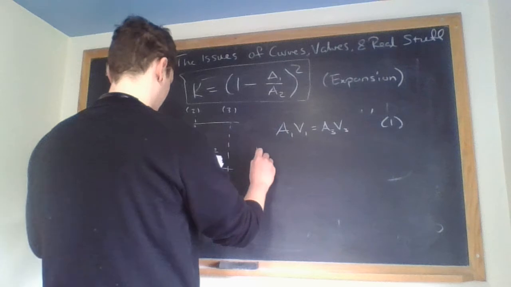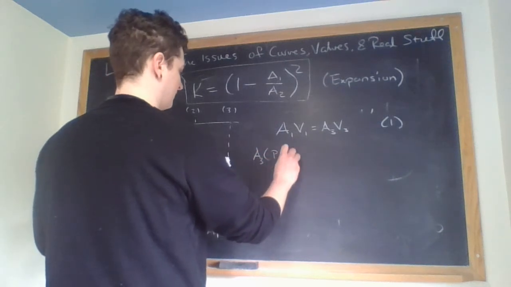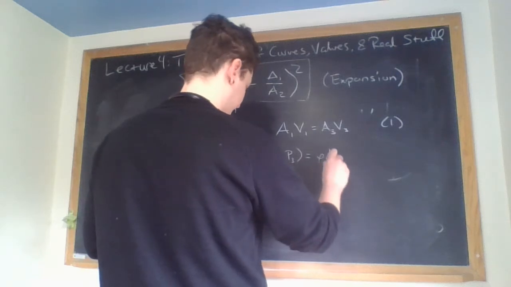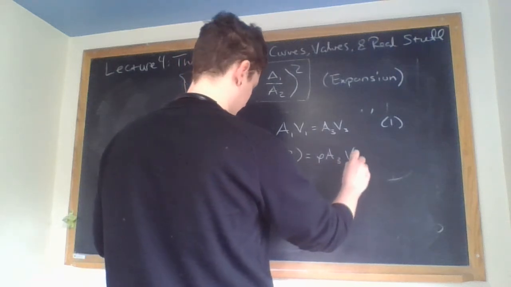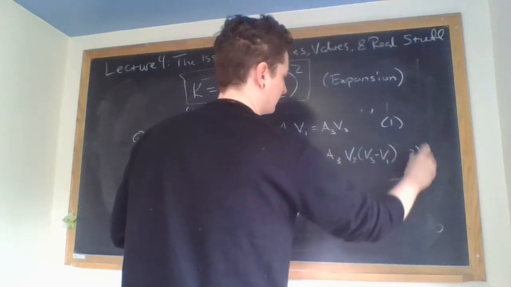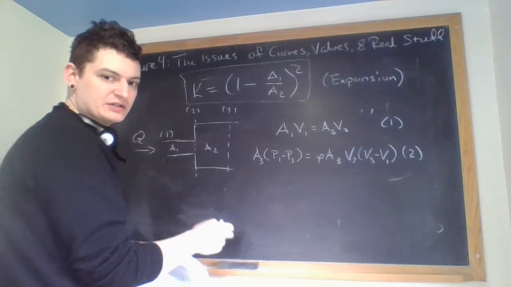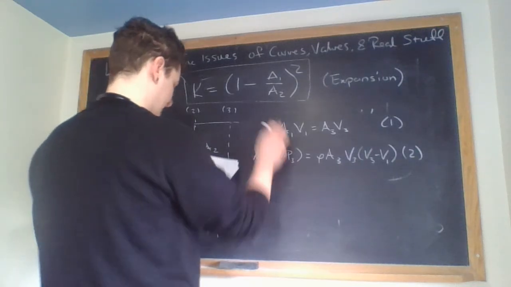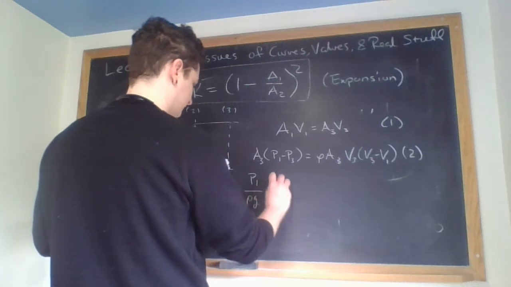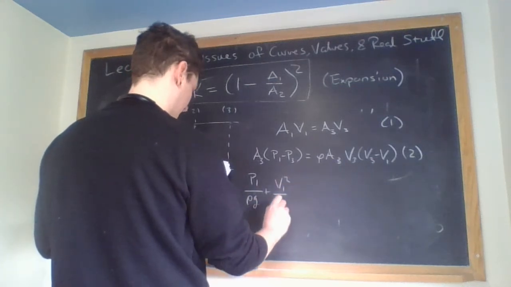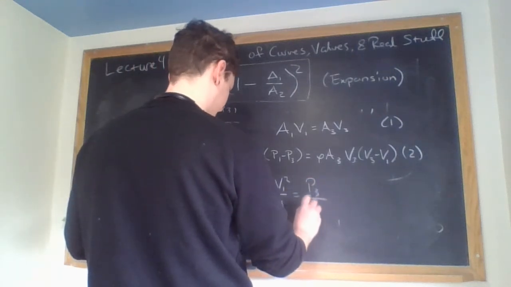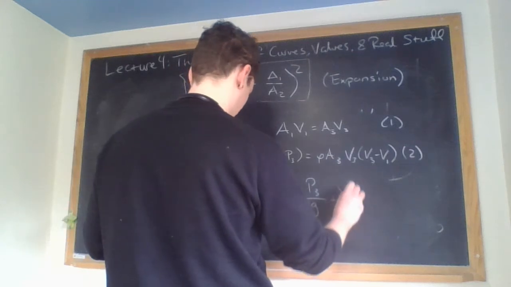And then you have A3, P3. This is actually conservation of momentum, conservation of mass, and then we have conservation of energy. Subscripts matter for doing this process. So these are the 3 equations.